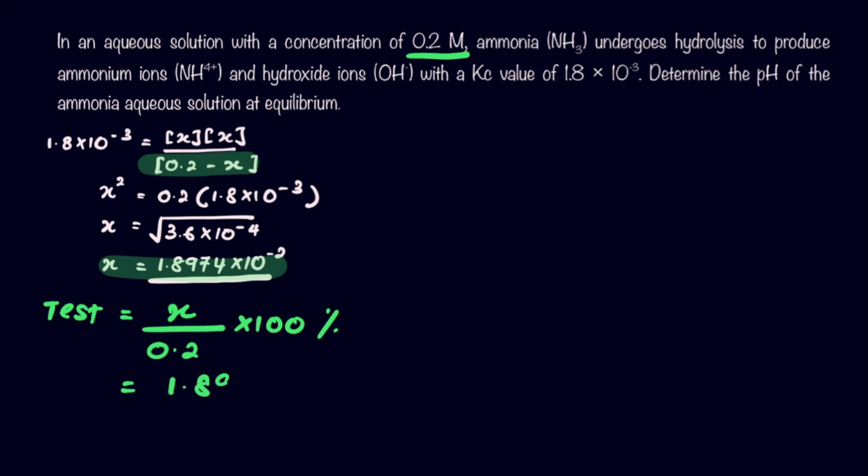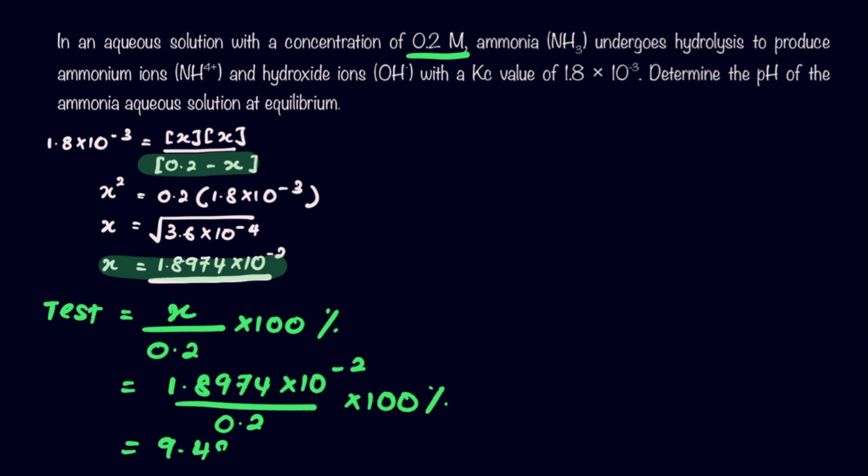So 1.8974 times 10 to the power of negative 2 divided by 0.2 times 100. We get 9.4870%, which is more than 5%. So this approximation doesn't hold.